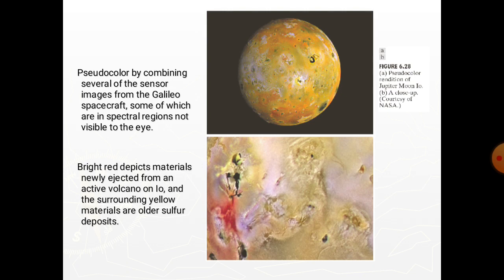One way to combine the sensed image data is by how they show either differences in surface chemical composition or changes in the way the surface reflects sunlight.